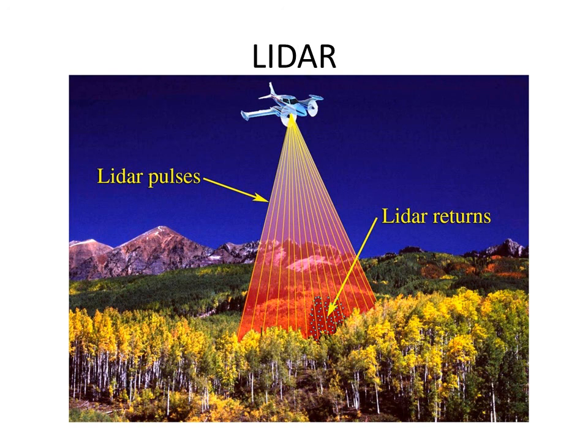It is used to identify obstacles, normally in defense applications. This is referred to as LIDAR, coming from light detection and ranging. It is similar to radio detection and ranging, radar.